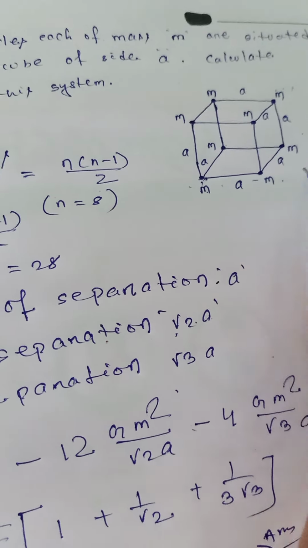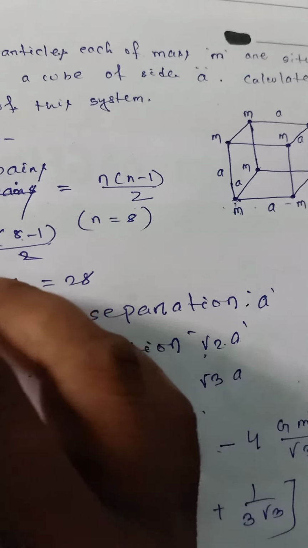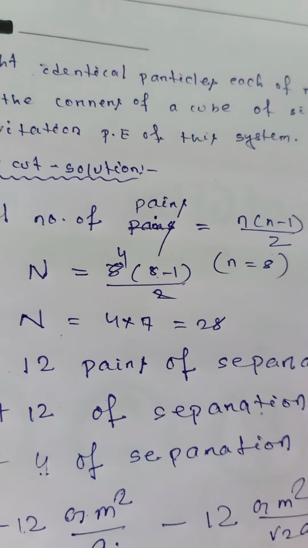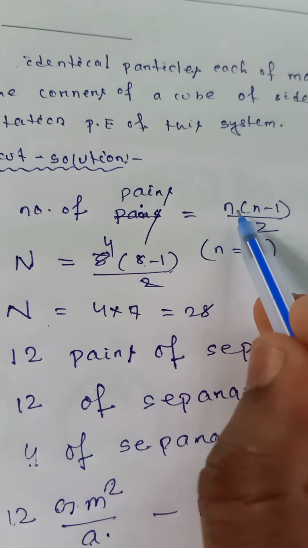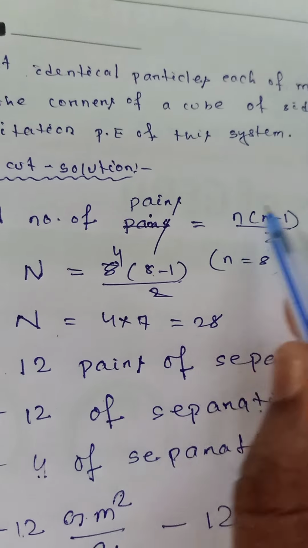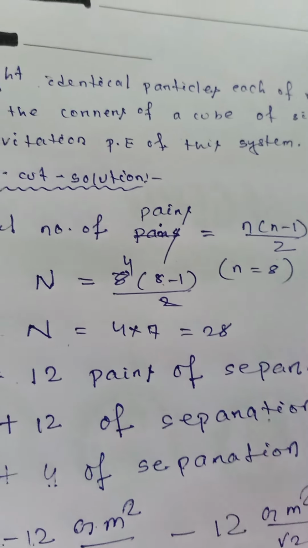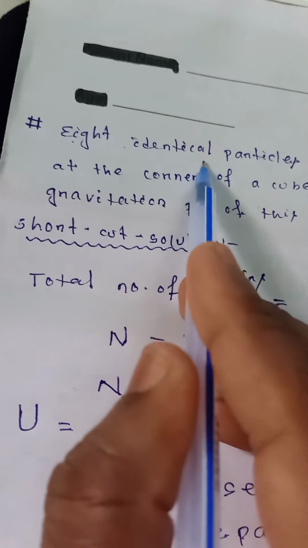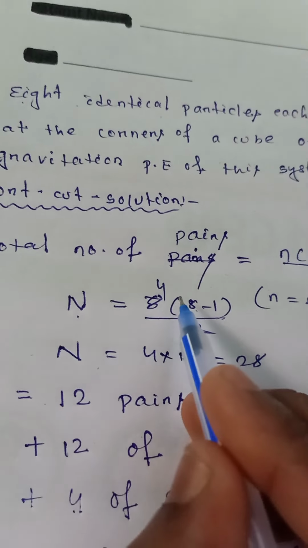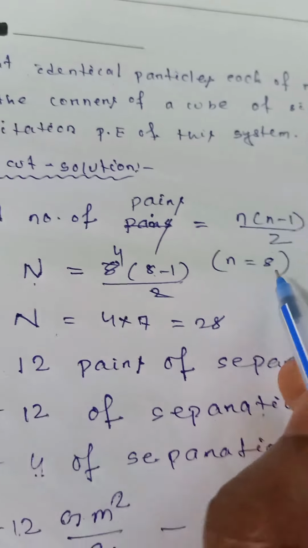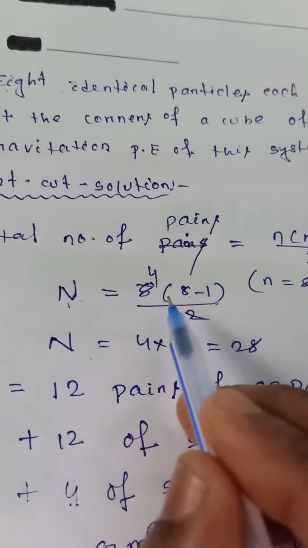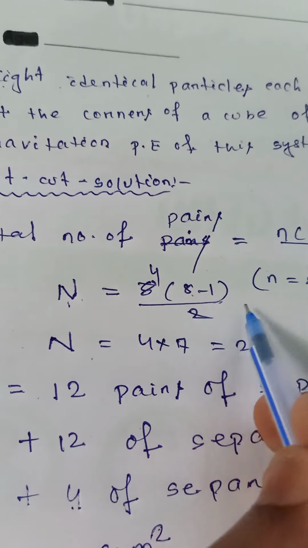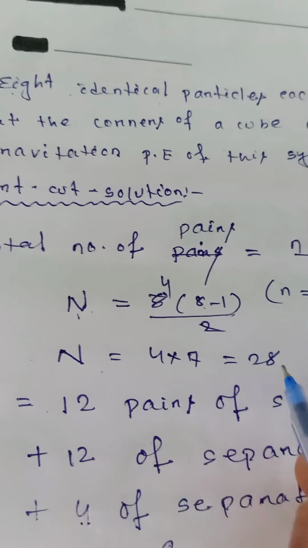First we have to calculate the total number of pairs using the formula n(n minus 1)/2. Here small n equals 8 because there are 8 identical particles. So the total number of pairs, capital N, equals 8 times (8 minus 1) divided by 2; the 2 cancels, and we get 28.